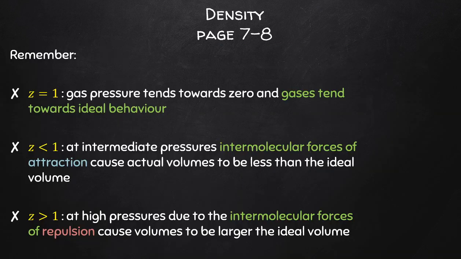Keep in mind, however, that compressibility factors work to adjust the property you are trying to predict. So gases that tend towards low pressures also tend towards ideality. So they tend towards becoming an ideal gas.